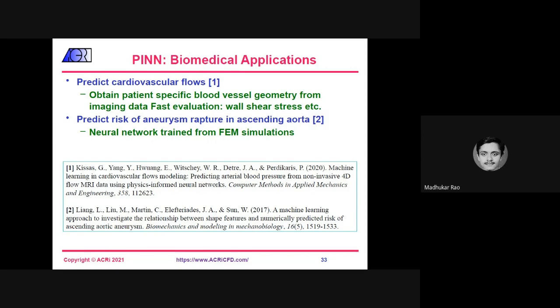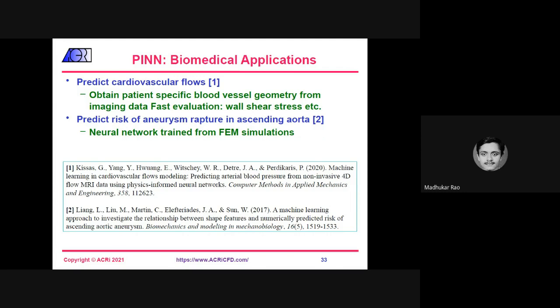So these aneurysms are visible on imaging data, and one hope is that the current methods basically rely on the size of the aneurysm, the age of the patient, whether he's a smoker or lifestyle, and so some 4 or 5 characteristics to evaluate the risk of an aneurysm rupture.